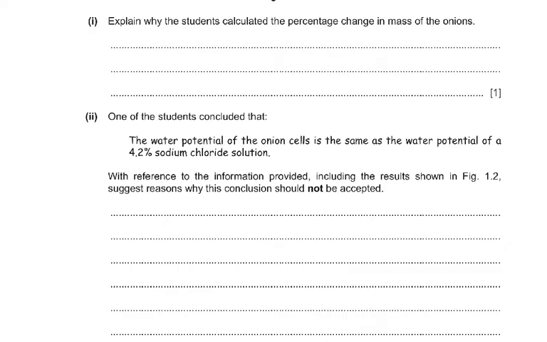What was the total number of the class? So this doesn't tell you much. So it allows a valid comparison as the initial or starting mass of the onions is not constant. It's not all the same. 5 onions may weigh 2 grams or 3 grams or 2.5 grams. So any one of these answers was correct.